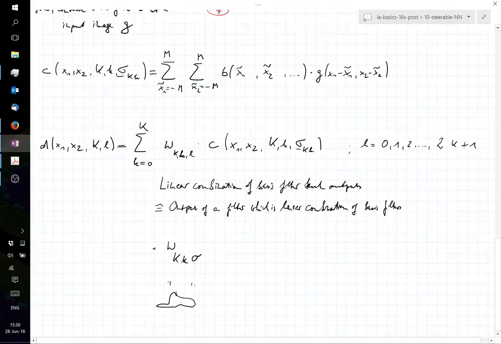And now we want to put this into relation with, you say omega, I say W capital K small k L. And like you say, these are now the rotated versions. Because I'm working in this complex space, rotation means I'm multiplying with some complex number. And the complex number is L divided by 2k plus 1.